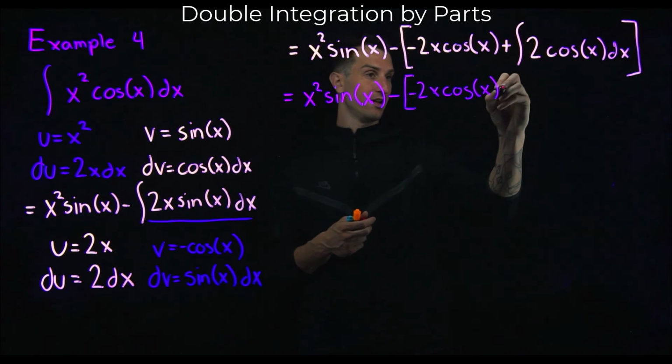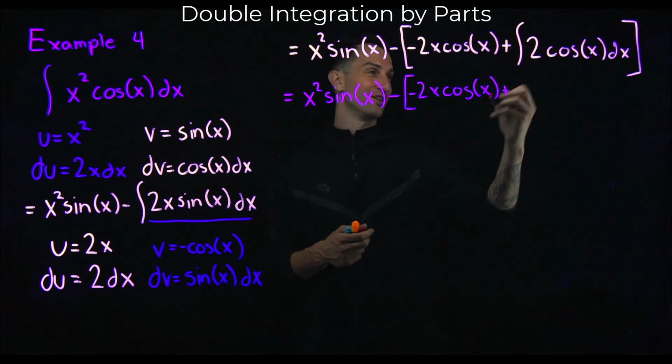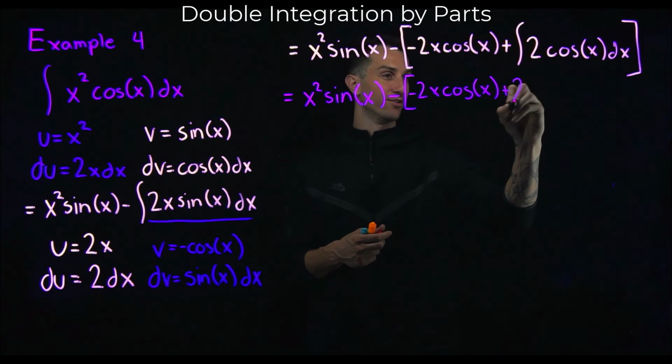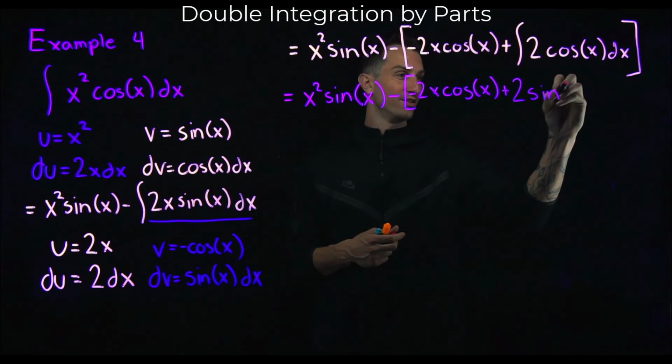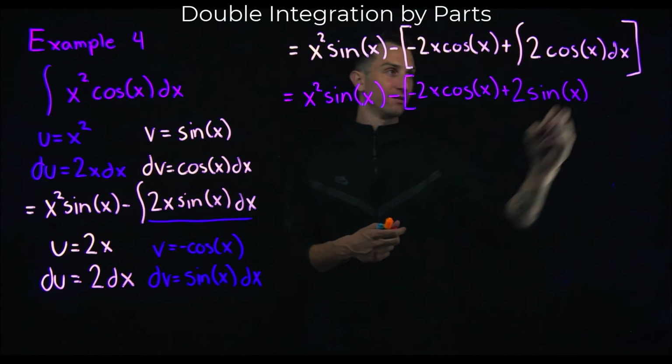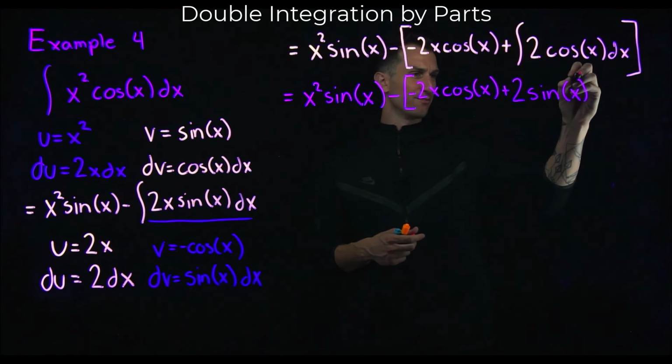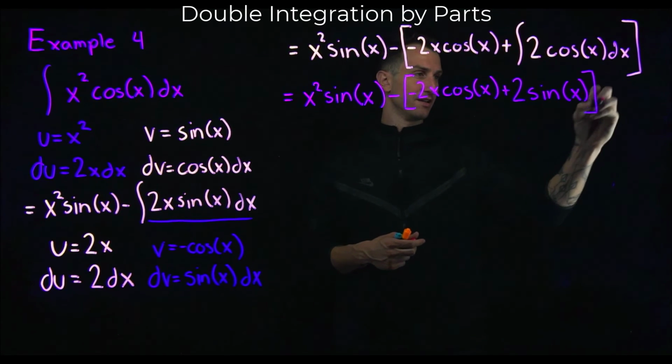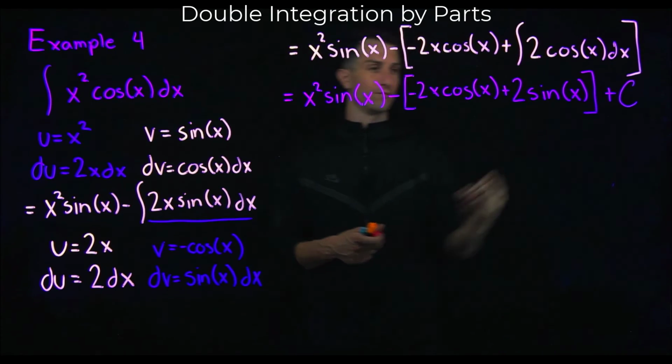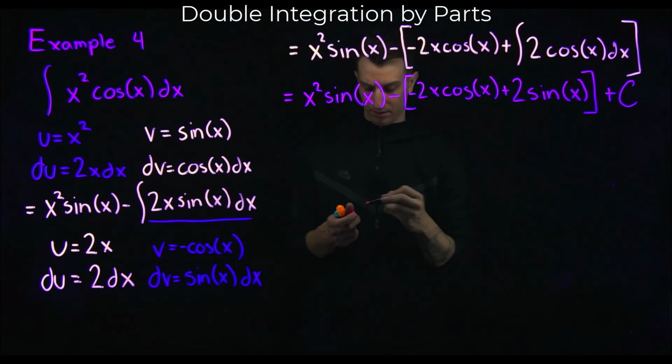You guessed it, positive cosine comes from a positive sine. I answered it for you. 2 sine of x. And I'm just going to put the plus c on the outside. Perfect. Don't forget the plus c.